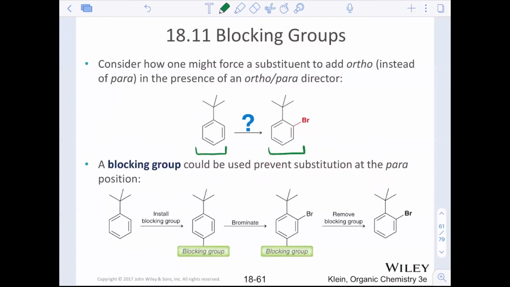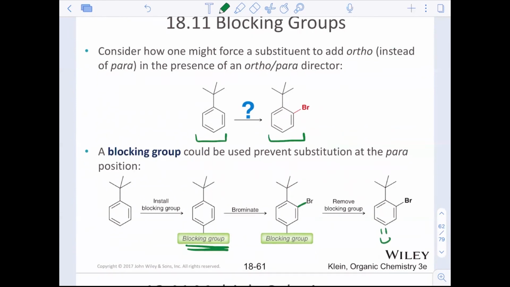You don't want to do that in a synthesis and just say, oh, I'll take the minor product, the ortho. No, you're going to use what we call a blocking group. You're going to install the blocking group, which would most likely install para. Then you're going to brominate so that the only other position is our ortho position, and then you're going to remove that blocking group so that it's empty. Yay, that's super fun.